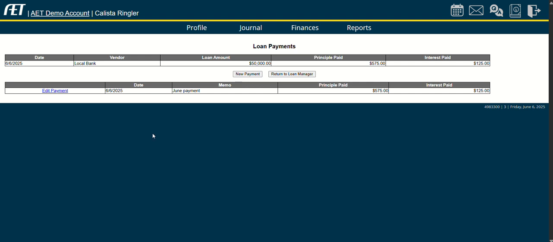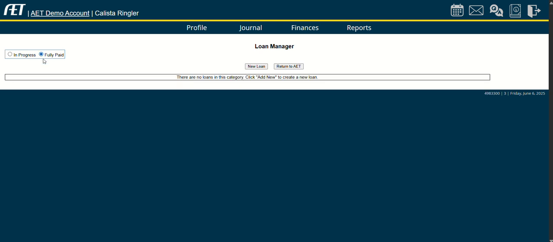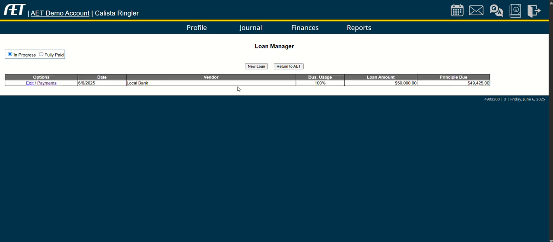So what it did is it told me that I paid this much off my principal, and I paid this much on interest. And I can continue to go to my loan manager and see where I'm at on my payments. If I ever finish paying a mortgage or another loan, it would pop up under fully paid over here. However, this one's currently in progress.